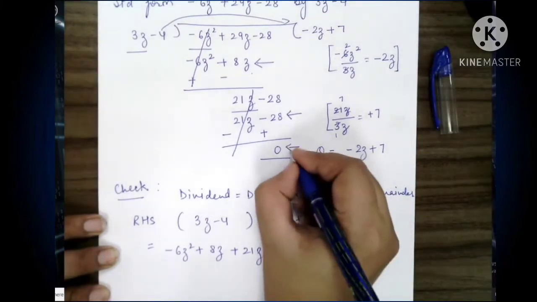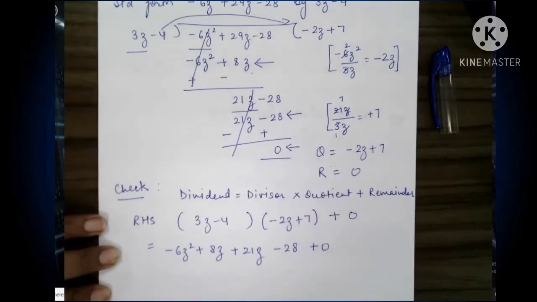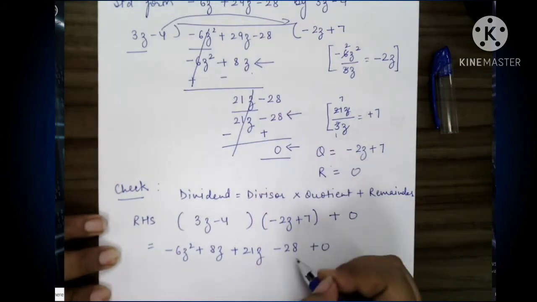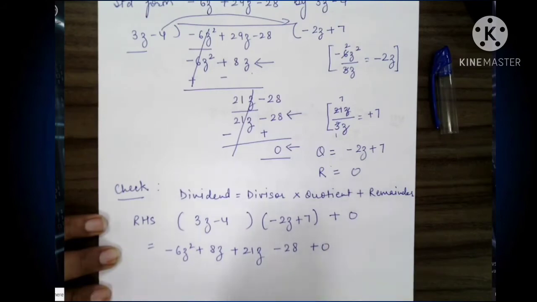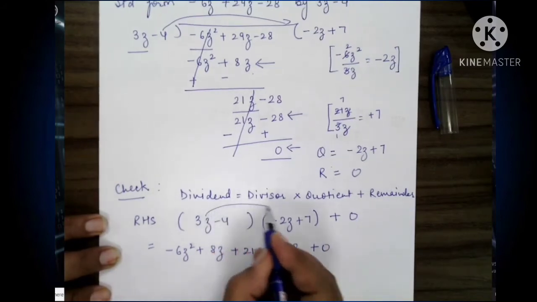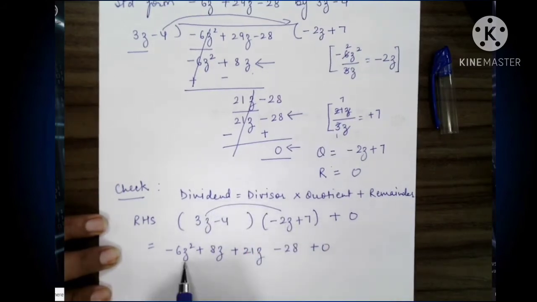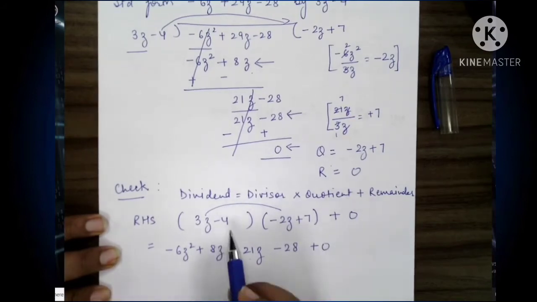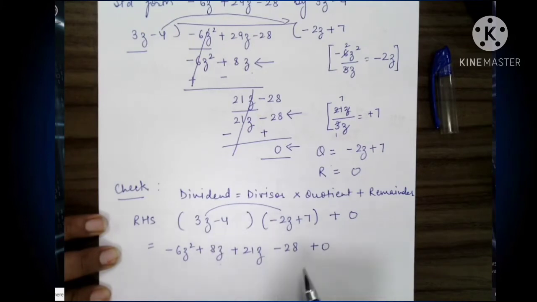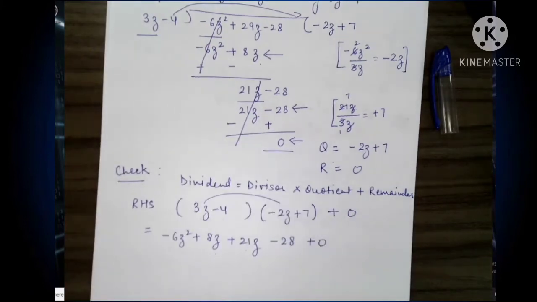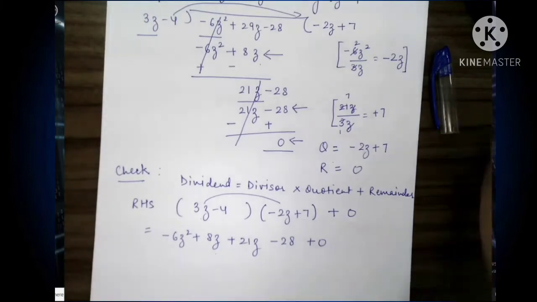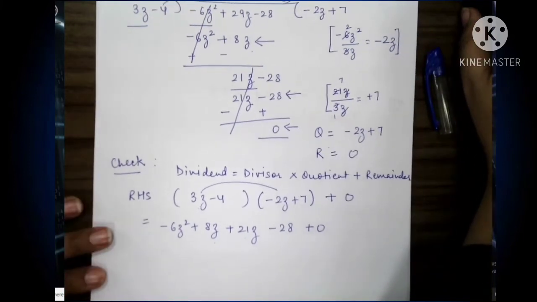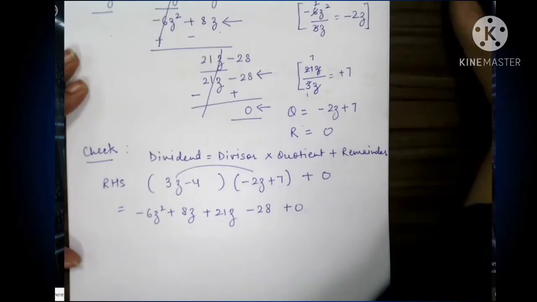Next term we write from our own side, it is 0. After multiplication also we will get this result. You can check: 3z into minus 2z gives this one, 3z into 7 is 21z, and minus 4 times these gives 8z and minus 28. So this time also you will get your direct result. No problem will be there. In this way your checking will be done.